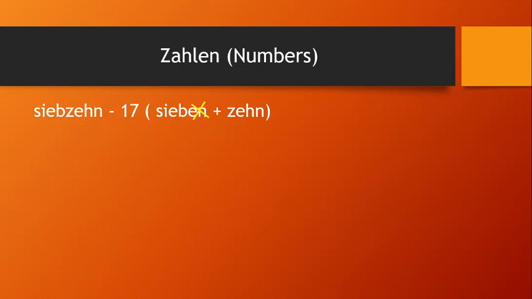Sechzehn, siebzehn. Right? Okay. Next would be number 18. It's acht. Acht plus zehn, and it becomes achtzehn.